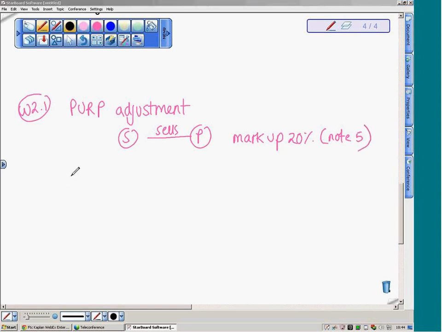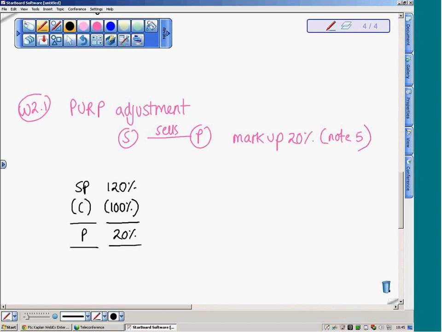Whenever I have a PURP, I always want to deal with it using my cost structures. So I'll take my selling price, my cost and profit, apply a markup on the cost, give me a selling price at 120%, the cost at 100%, and profit at 20%.